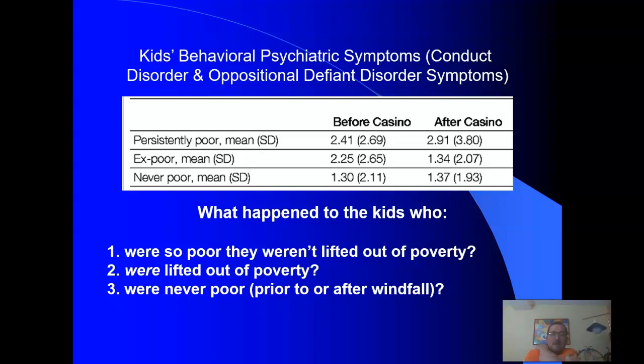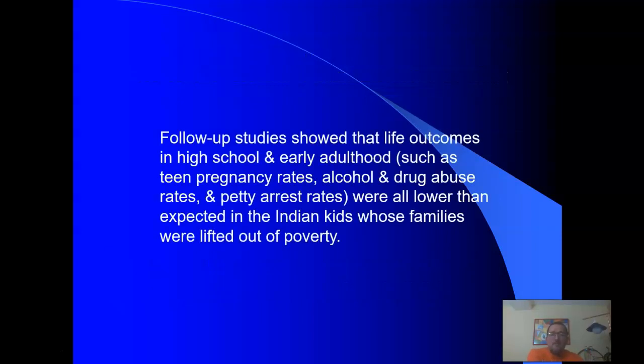And I'm happy to say that just a couple of years ago, this group of researchers published a couple of follow-up papers. I just had a chance to read them this summer. They follow those kids 6, 8, 10 years later. And they show that all kinds of important life outcomes, from teenage pregnancy rates to alcohol and drug abuse problems to petty arrest rates, on all those major indicators and a few others I didn't bother to mention, the kids who were lifted from poverty by the casino money did much better than you'd expect them to in the wake of that natural manipulation.